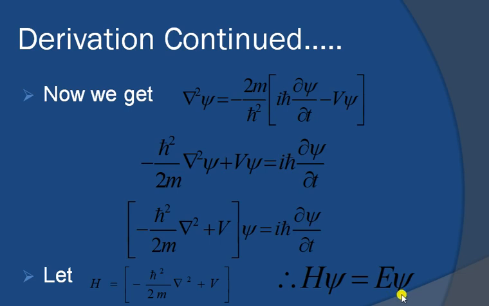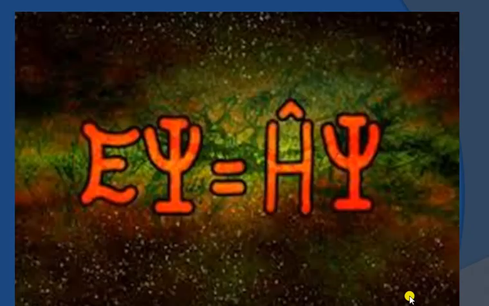This is a very famous equation of quantum mechanics, E psi equal to H psi, and this equation is called Schrodinger's time dependent wave equation, which is used in many applications of quantum physics.